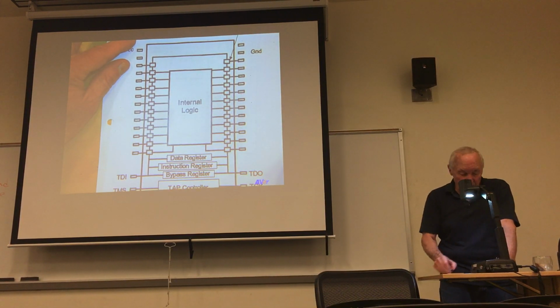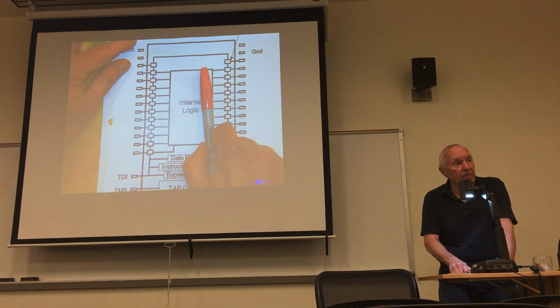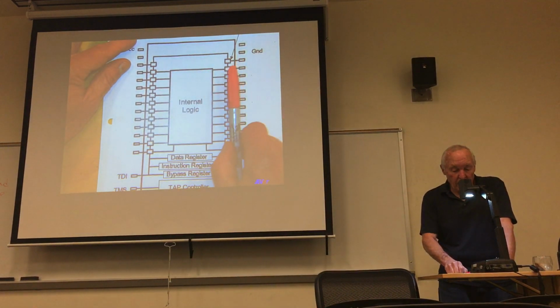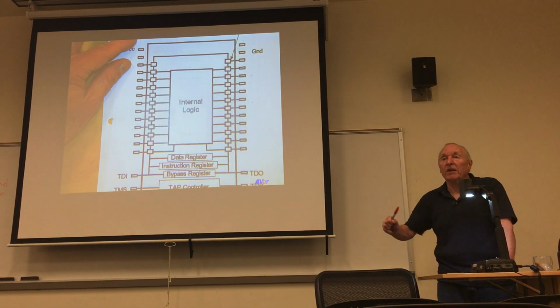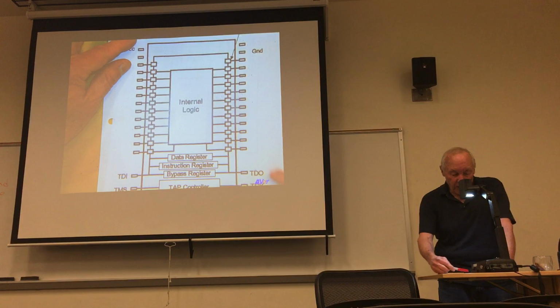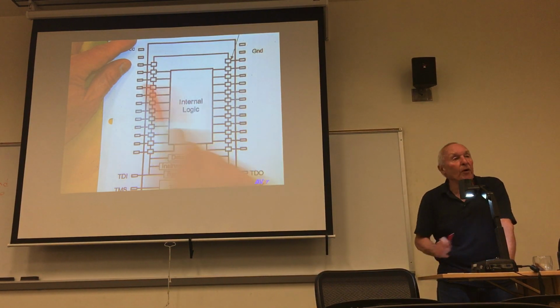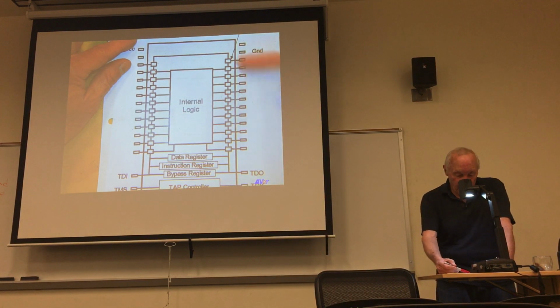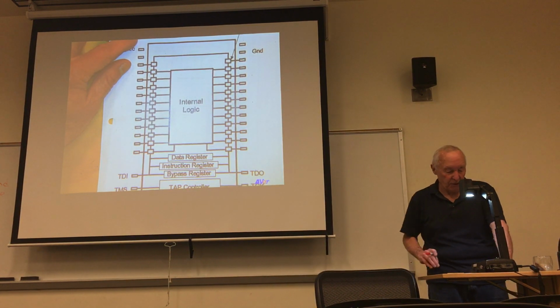Or what I could do is serially load the registers, apply the input, capture the response in these registers, and then shift everything out. So through TDO, I can get the response of this circuitry to this input. And when I'm shifting out this result, I can shift in the next input I want to apply. So I can overlap those functions.